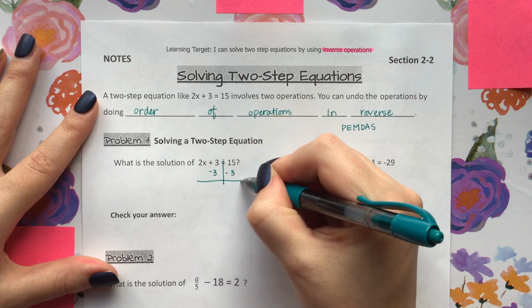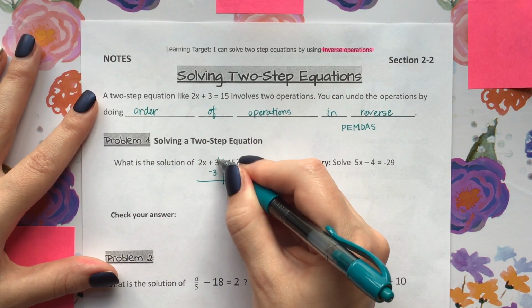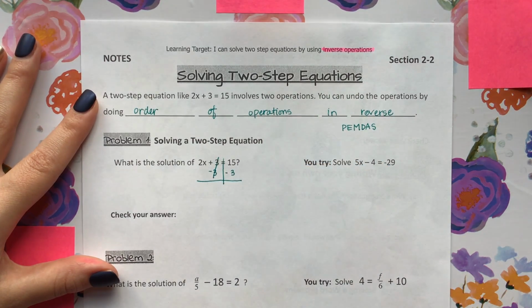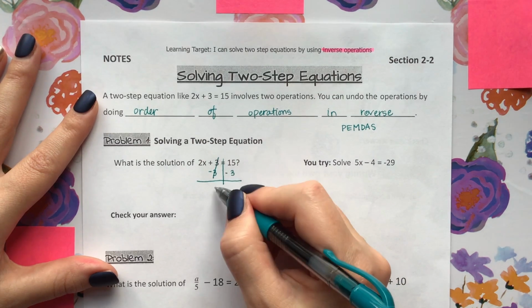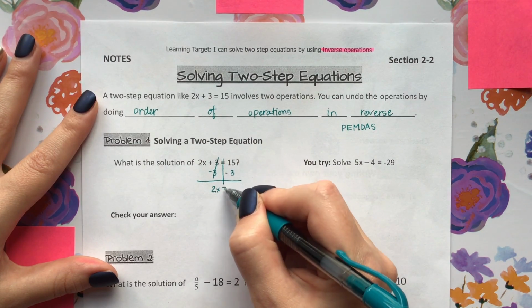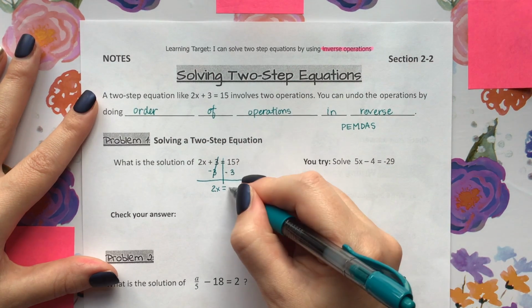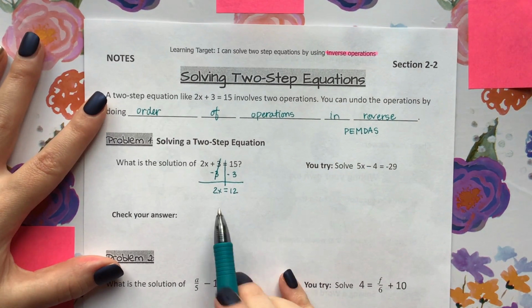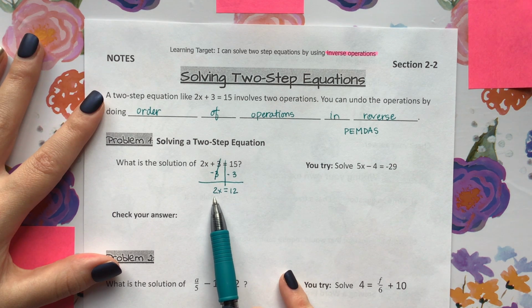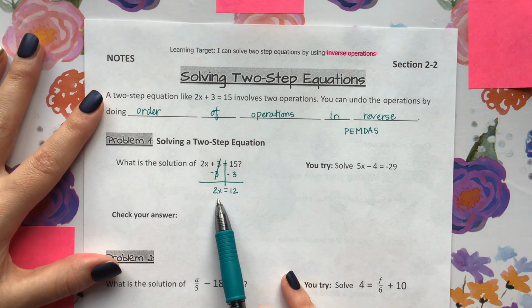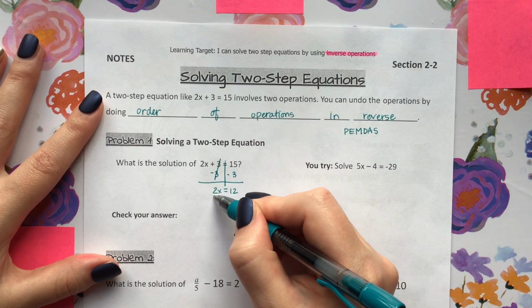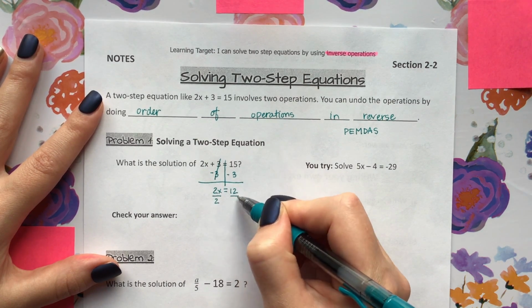Let's find what I get. 3 minus 3 cancels on the left side, and I'm left with 2x. I have 2x is equal to 15 minus 3, which equals 12. Notice I still have a 2 with my x, so I'm not done solving. I want x to be completely alone, so I'm going to divide by 2.